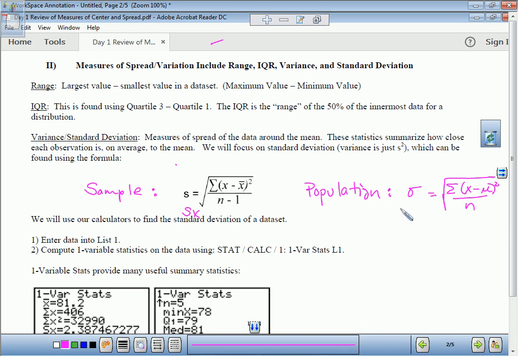Okay, so on the calculator, when we analyze our data, this would give us our standard deviation, the lowercase sigma. Is it supposed to be square root or divide? This is a square root symbol.